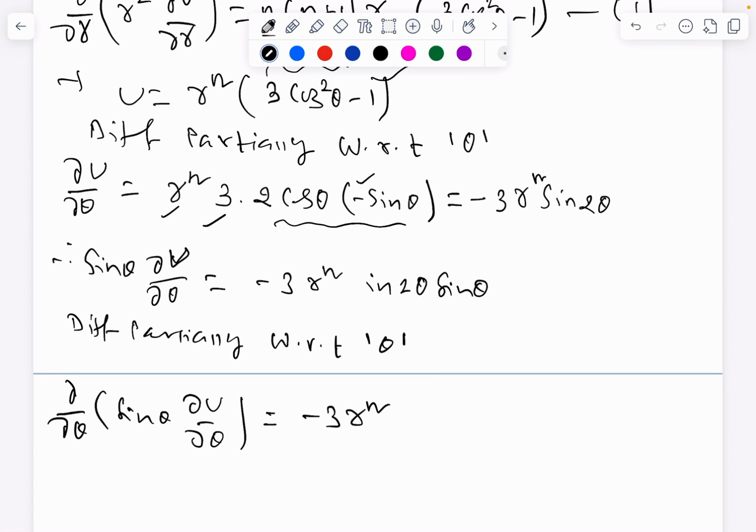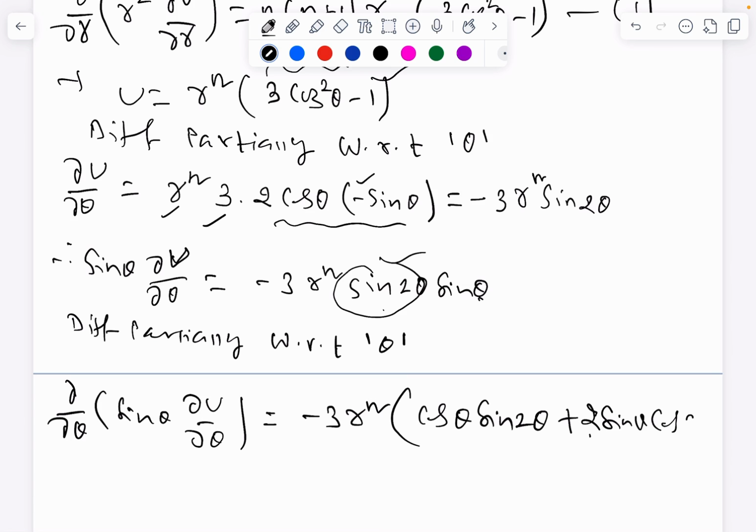Now this is a product of two functions, sine 2 theta and sine theta. So let us keep sine 2 theta as it is, derivative of sine theta. So that is cosine theta sine 2 theta plus derivative of sine 2 theta and sine theta as it is. So 2 sine theta, derivative of sine 2 theta is 2 cos 2 theta. Okay.